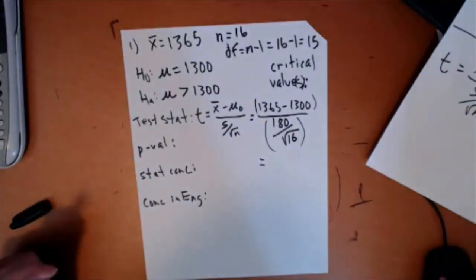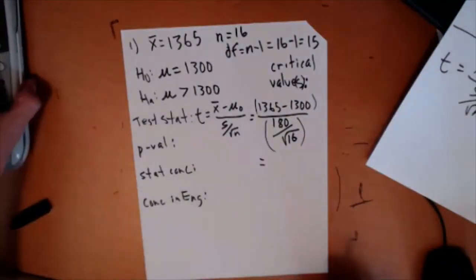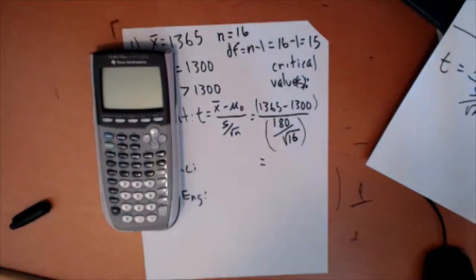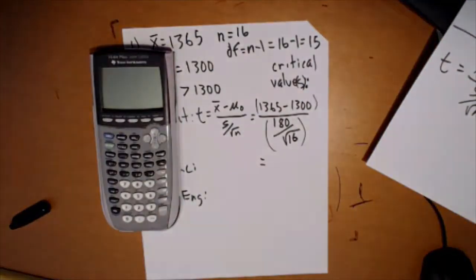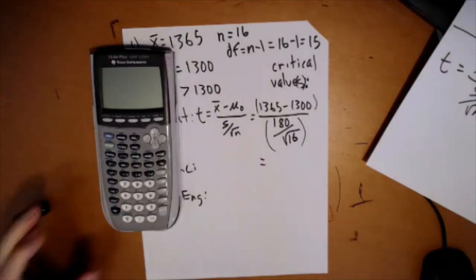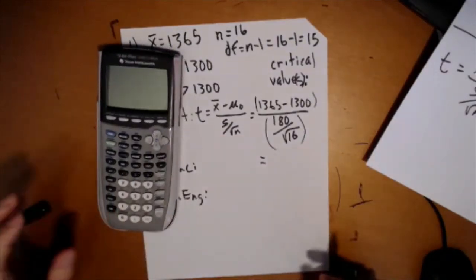So when I go to my calculator, let's see if we can see that. A little more light. Is that helping things? Okay, so I usually do it in steps.